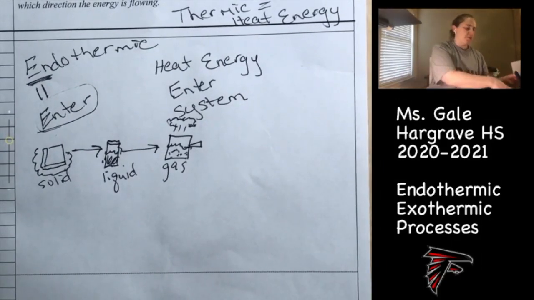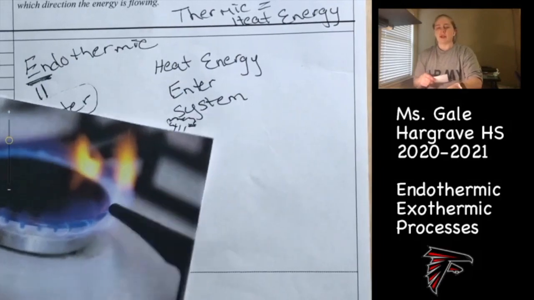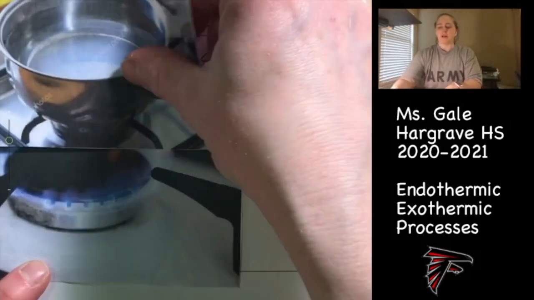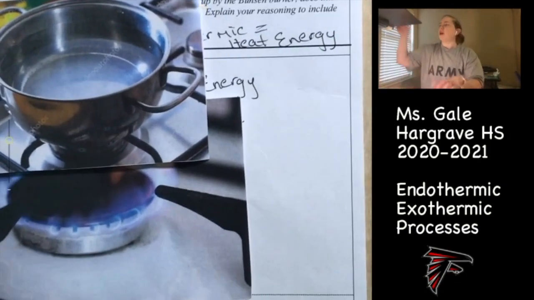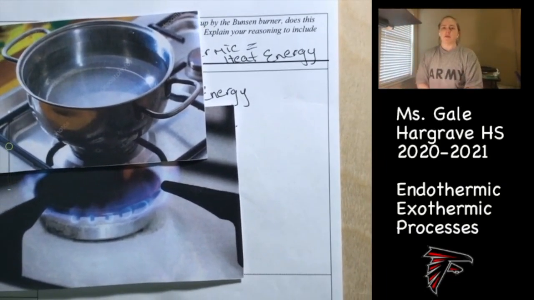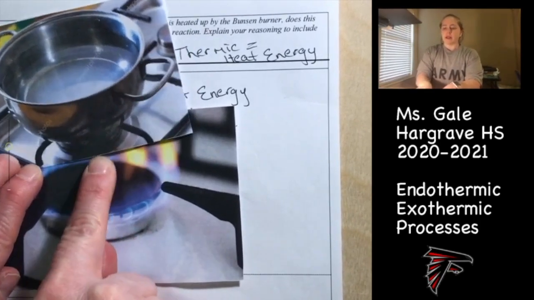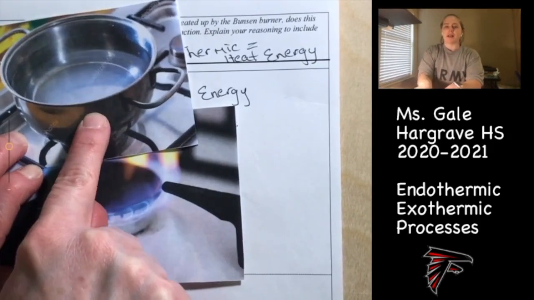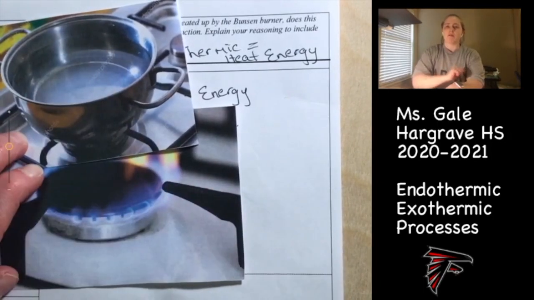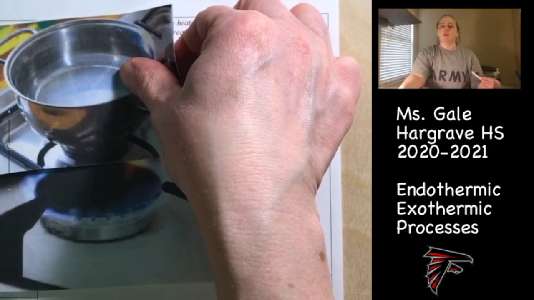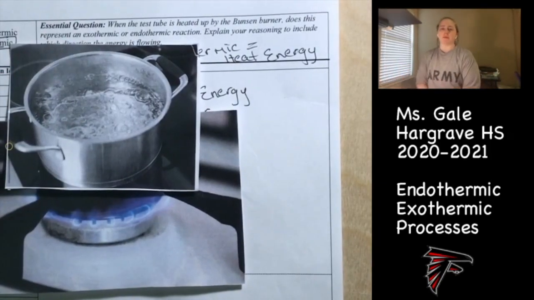So think of this: I have a stove. If I put a pot of water on that stove, after a while the heat is going to be released into this pot, which is going to heat up my water. After a while, that water begins to boil.